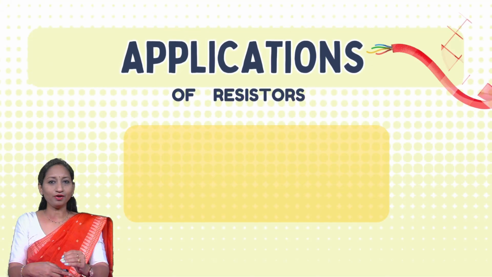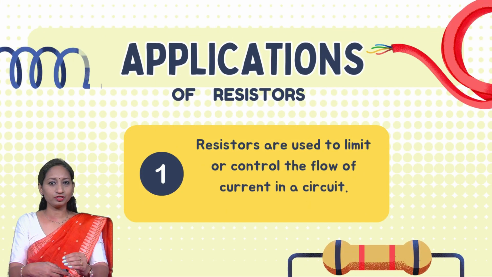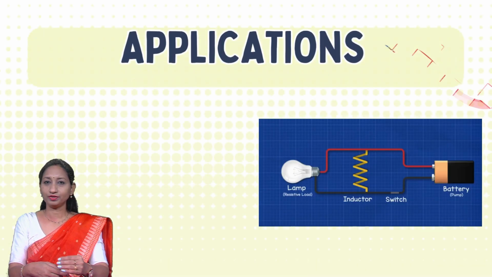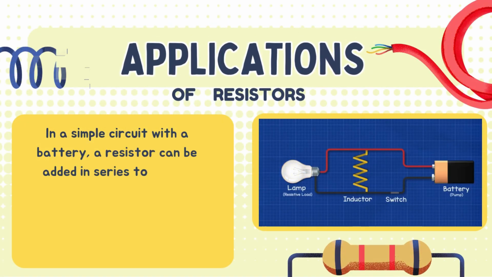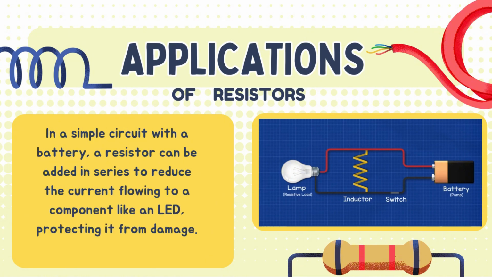Now, where do we use the resistors? The resistors are used to limit or control the flow of current in the circuit. For example, in a simple circuit with a battery, a resistor can be added in series to reduce the current flowing to a component like an LED, protecting it from damage.